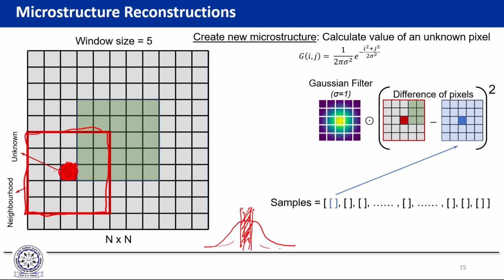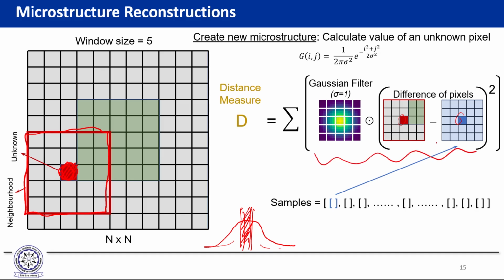Now what we are trying to do by taking the difference is, we are simply trying to figure out how different this part is from our sample, and then we will go ahead and take a sum of all of these differences multiplied by the Gaussian filter over all of the samples.